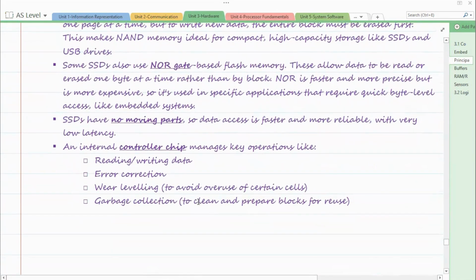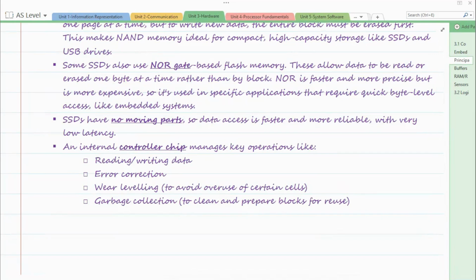SSDs have no moving parts, so data access becomes really fast and more reliable, with very low latency, unlike HDDs where latency is a problem. Now, inside SSDs, there is a smart chip called the controller.